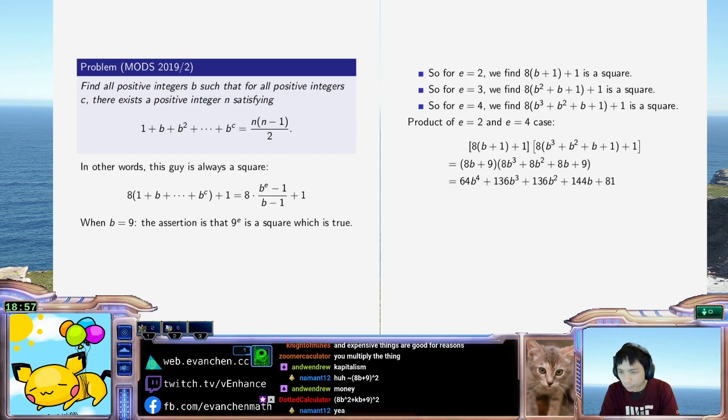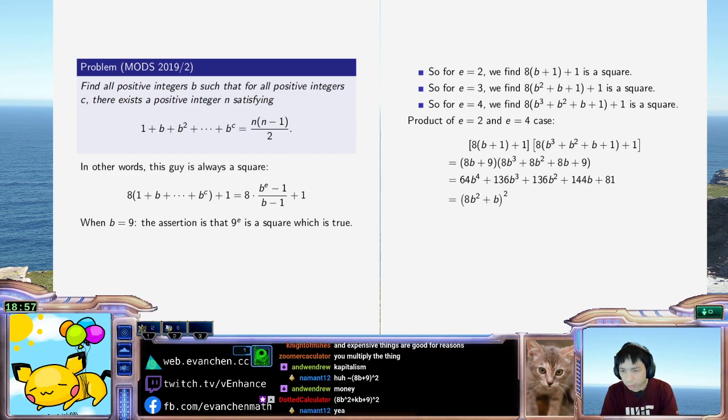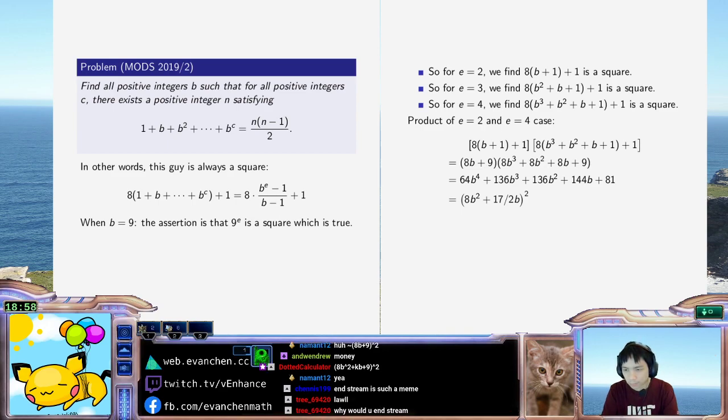Okay, I want the b cubed coefficient to match. The b cubed coefficient is 17 over 2. And then I want the b squared coefficient to match. The b squared coefficient is 289 quarters plus 16 times something.